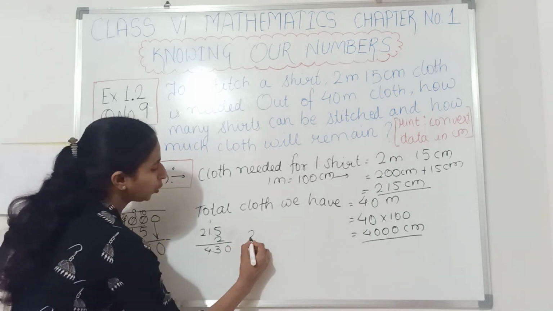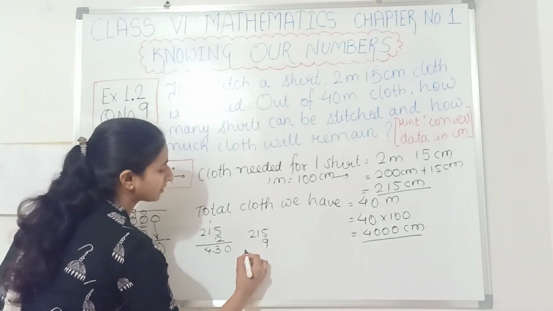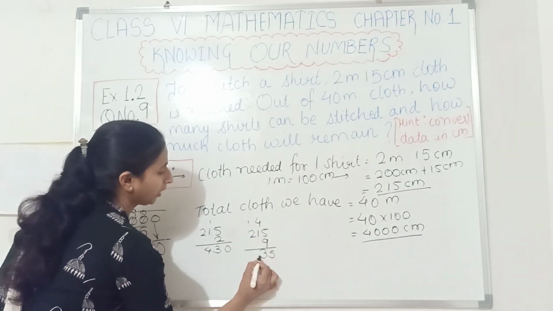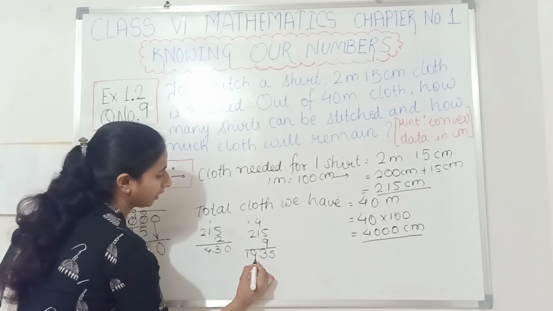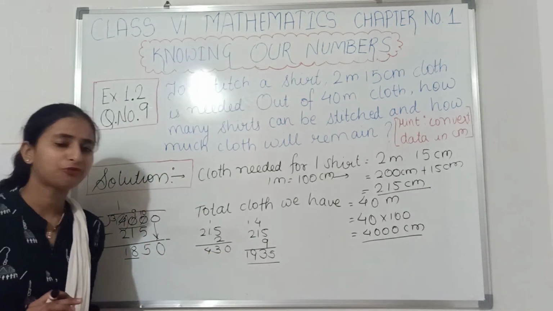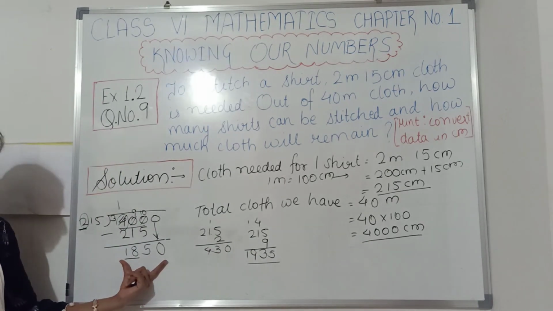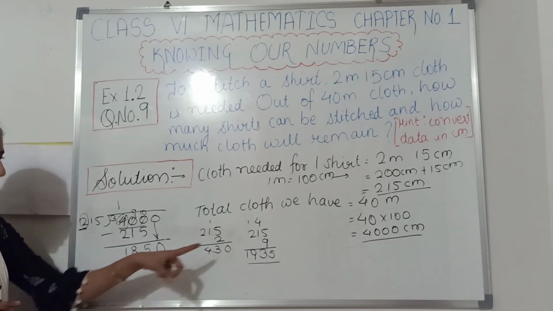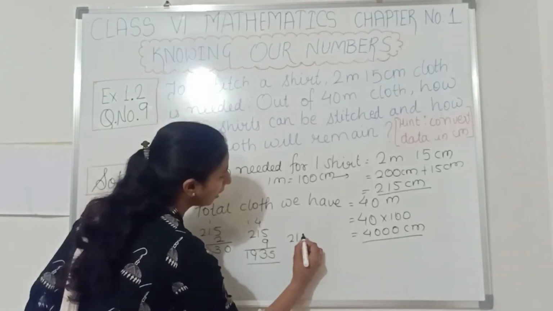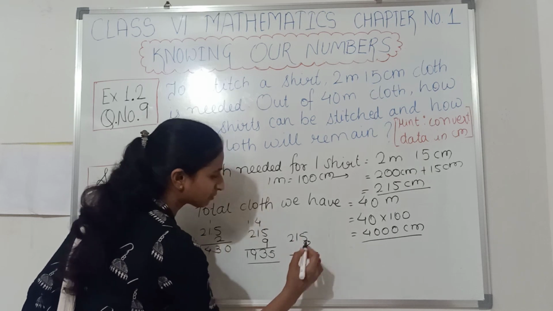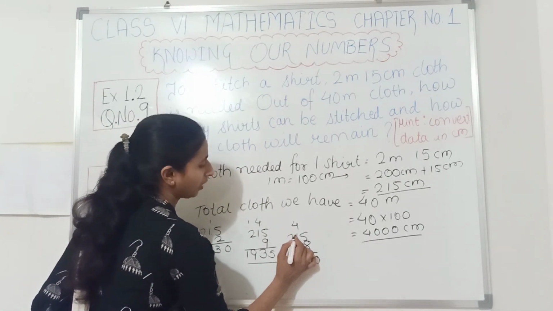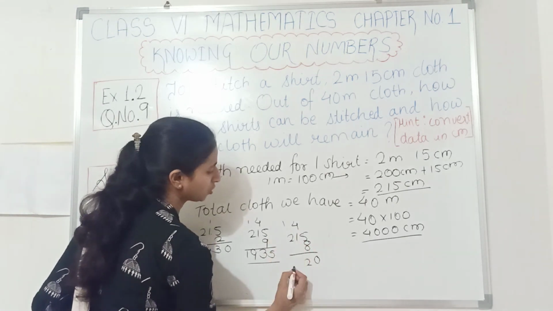So I will check 215 9s. If I do this, 45, 13, 18 plus 1 is 19. What answer did I get here? 1935. This is greater than the number I have here, so I can't take 9s. For that purpose, I will check it by 8s, one smaller number. 8 5s are 40, and here 12, and 16 plus 1 is 17.